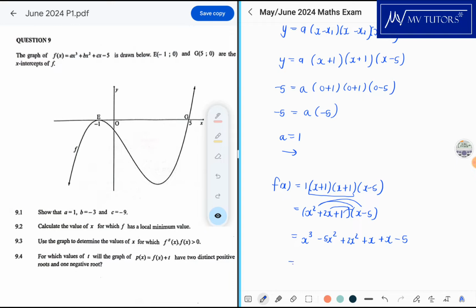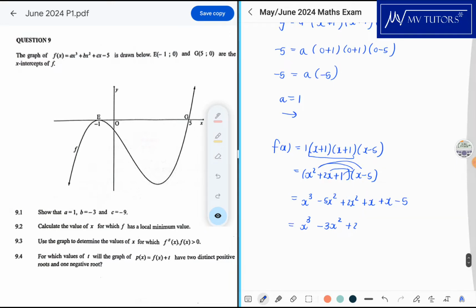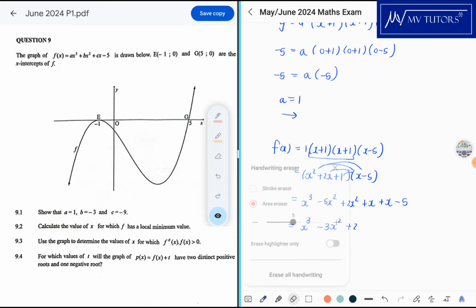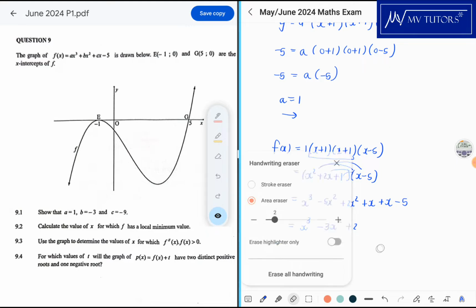Okay, so I have x cubed, minus 5 plus 2 is minus 3, and then x plus x, that's just 2x. I did something wrong here. I'm not supposed to get 2x. Okay, let's go through it again. I must get minus 9.